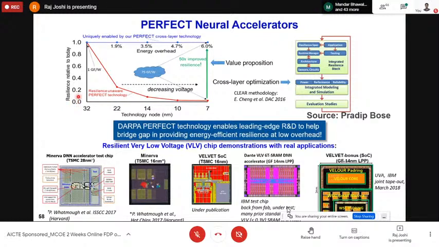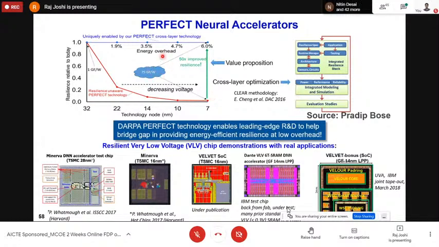If you plot the relative resilience today as a function of technology node, the resilience goes down. It's quite obvious, right? As I said, variability increases, then all other effects, like SER, and the reliability goes down, and as a result the resilience goes down.